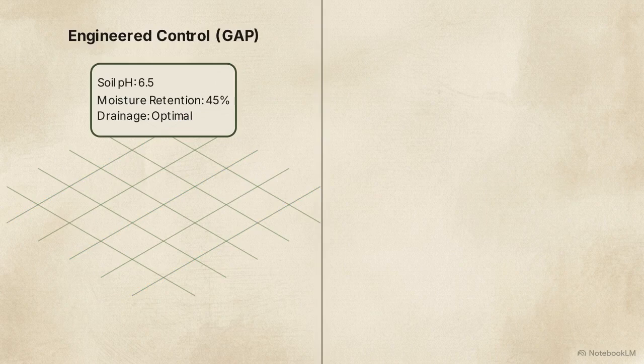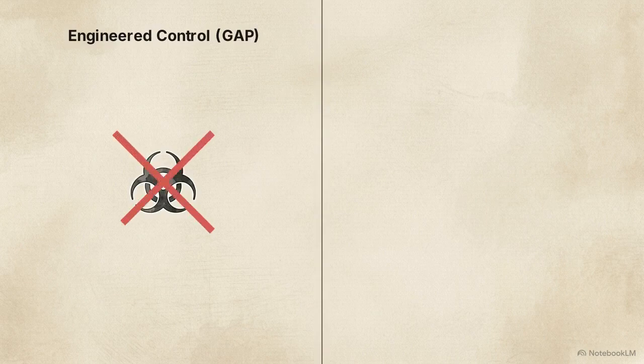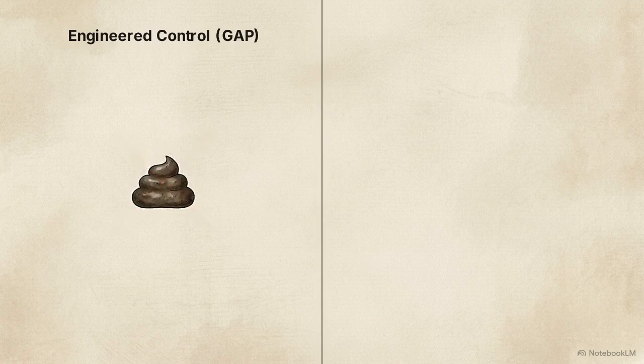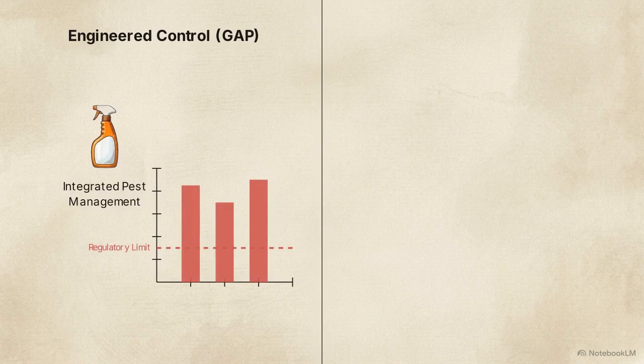To prevent dangerous infectious microbial loads, the framework strictly prohibits the use of untreated human excreta as fertilizer, requiring any animal manure to be thoroughly composted to destroy pathogens. Growers must also implement integrated pest management. This limits necessary agrochemical applications to the absolute minimum, ensuring residual pesticides remain well below international regulatory limits.